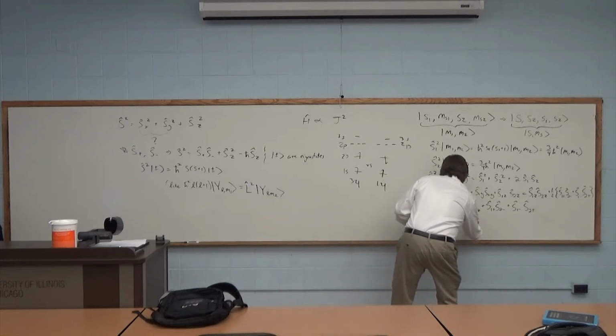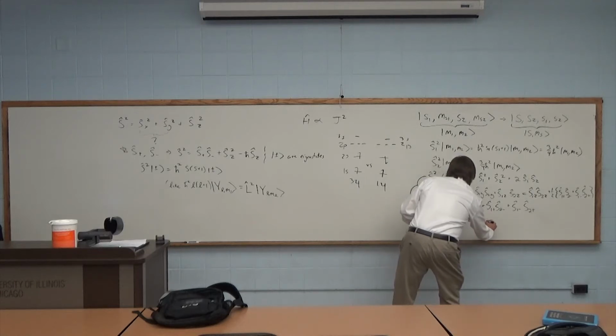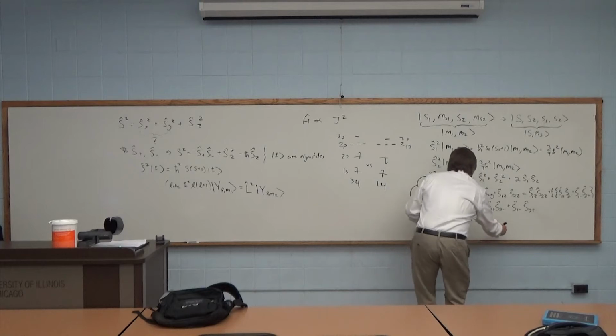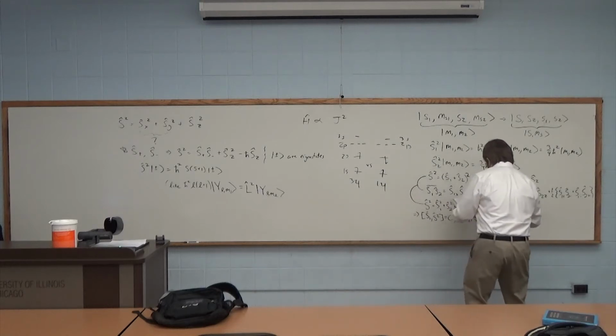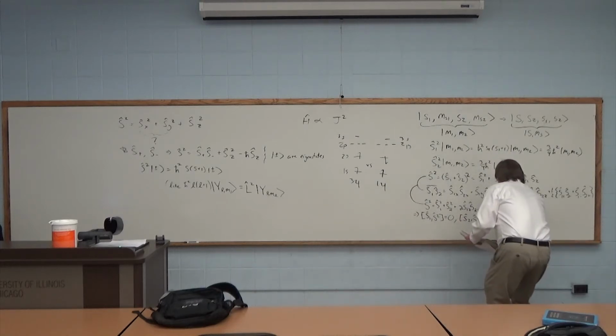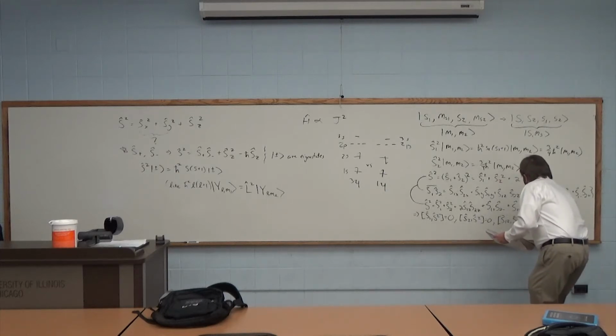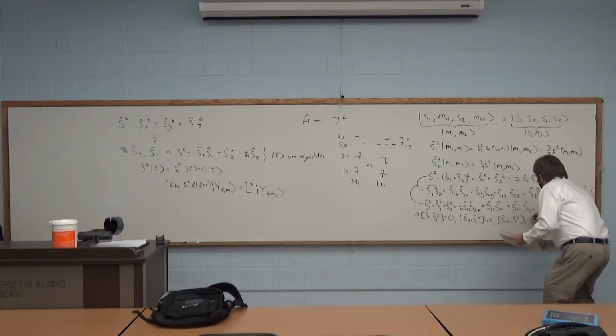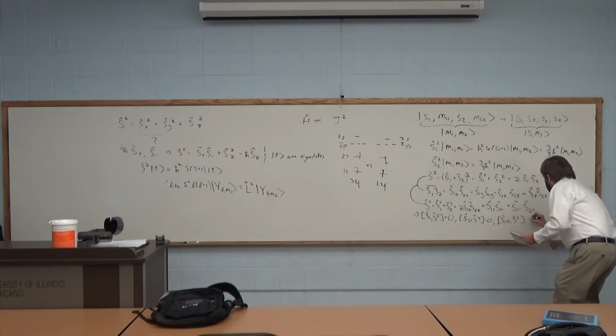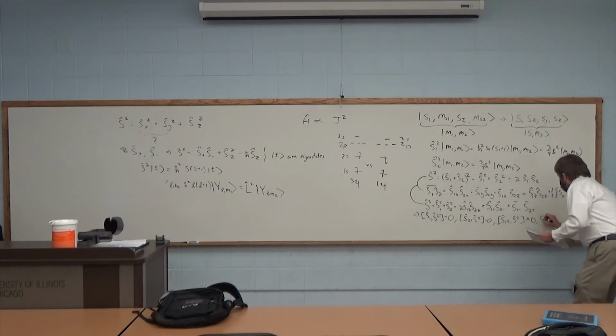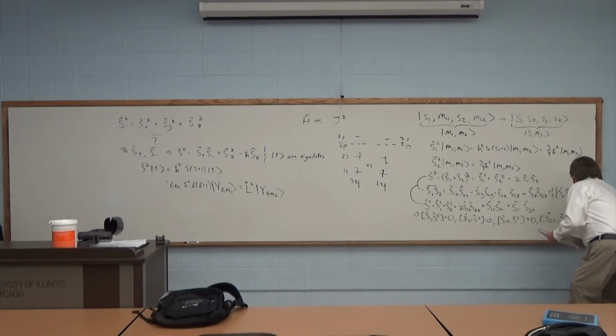The total spin on the second electron and the S squared operator commute. However, sorry, I misspoke a little while ago. The S1Z and the total operator do not commute, as well as the S2Z and the total operator do not commute.